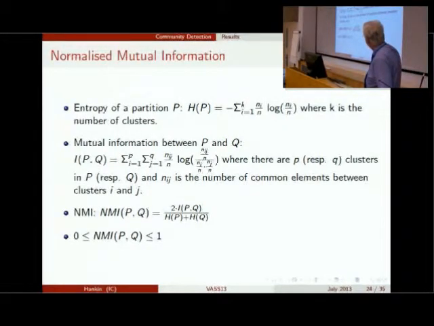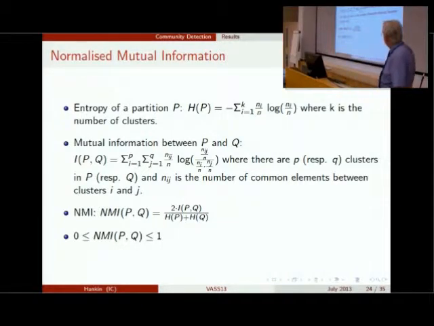The normalized mutual information between two sets of communities is computed by taking 2 times the mutual information and dividing it by the individual entropies of the two.